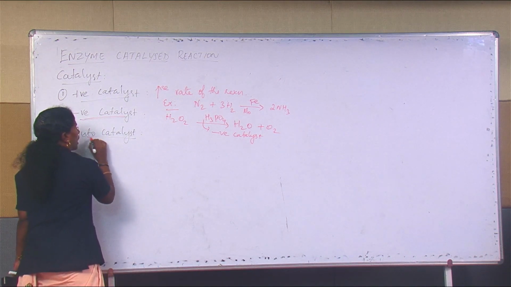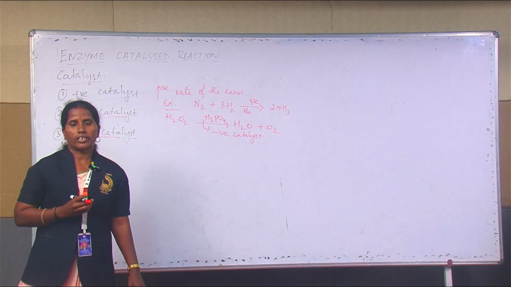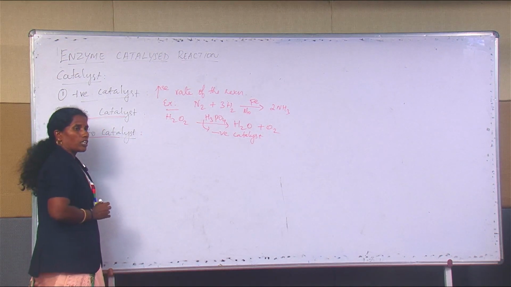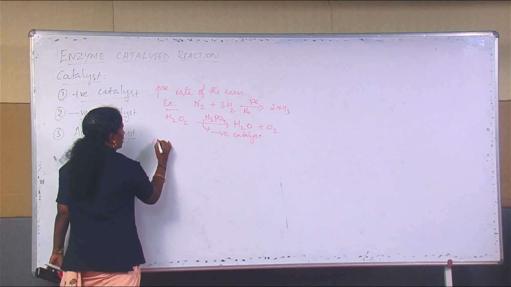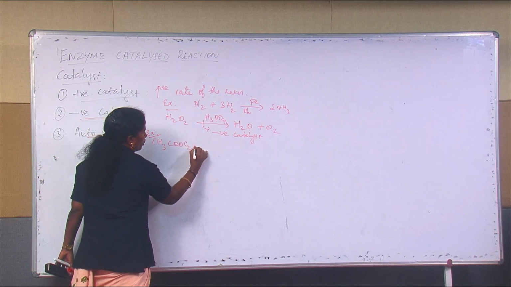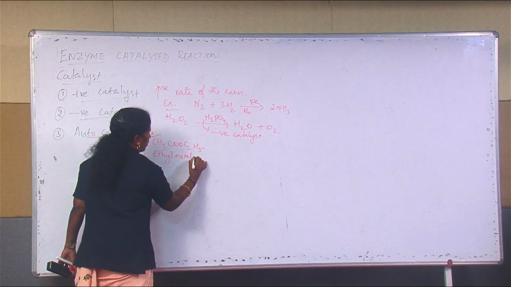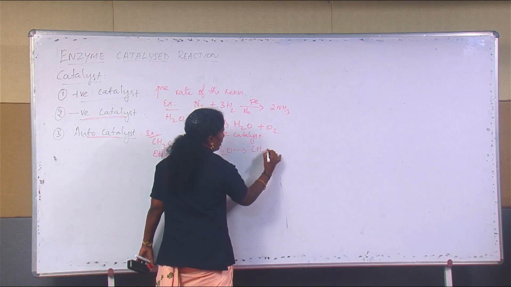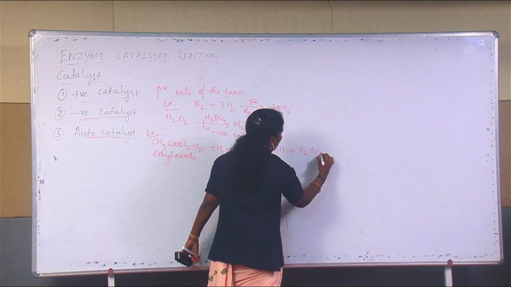The third type is autocatalyst. Autocatalyst means when one of the formed products acts as a catalyst, it is known as autocatalyst. Example for autocatalyst reaction, hydrolysis of ethyl acetate, CH3COOC2H5, to form acetic acid and ethanol, C2H5OH.